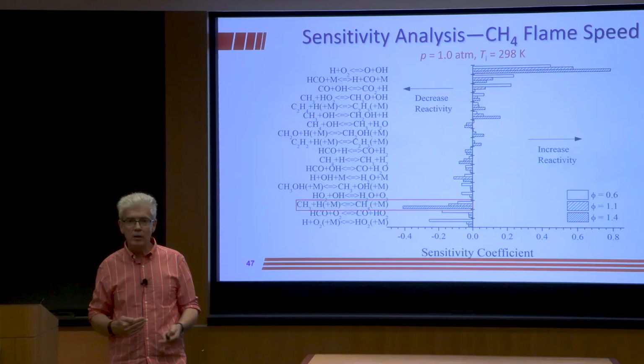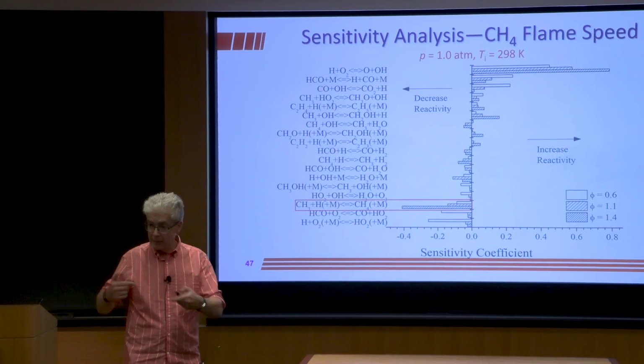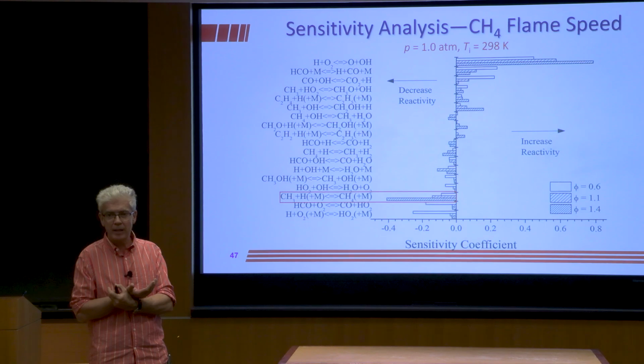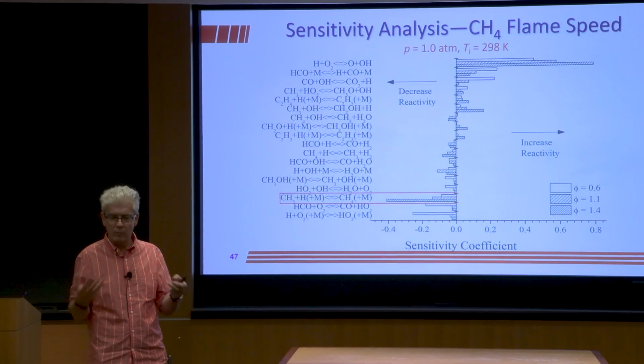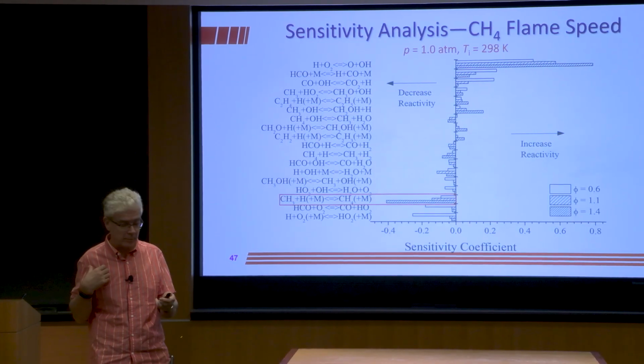And if you do, you can then use a slightly faster rate for HCO plus M, I should say. Anyway, the compensation. But it seems like one was compensating for the other, but the rate constant that we had in the mechanism was more reasonable. Or we made it more reasonable by doing this study, is really what I'm trying to say.